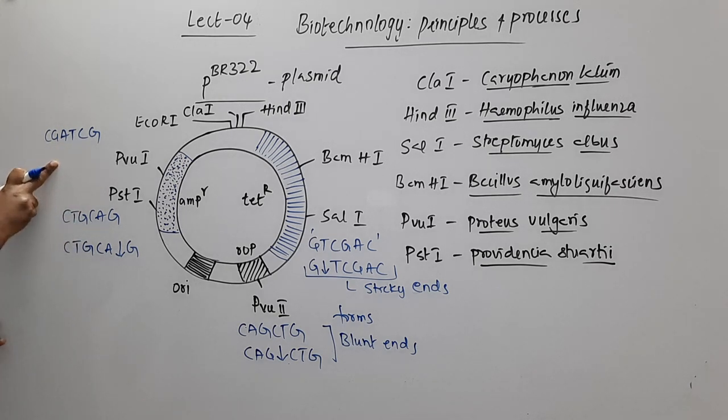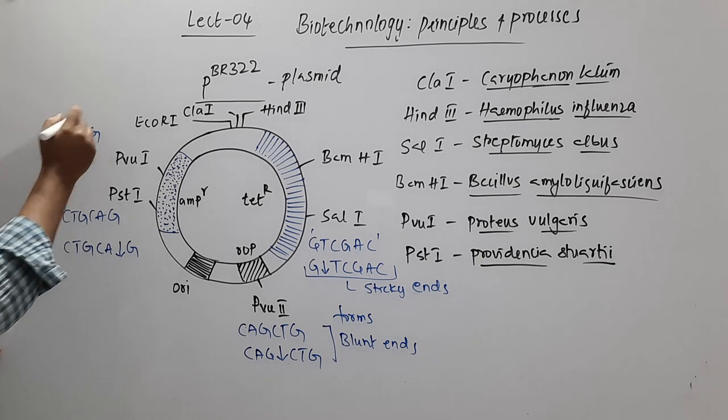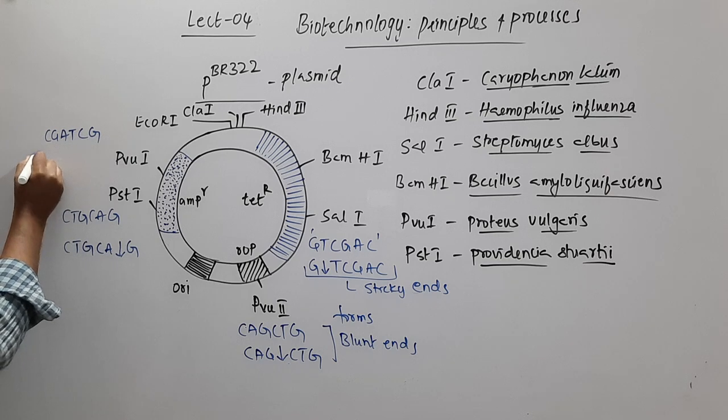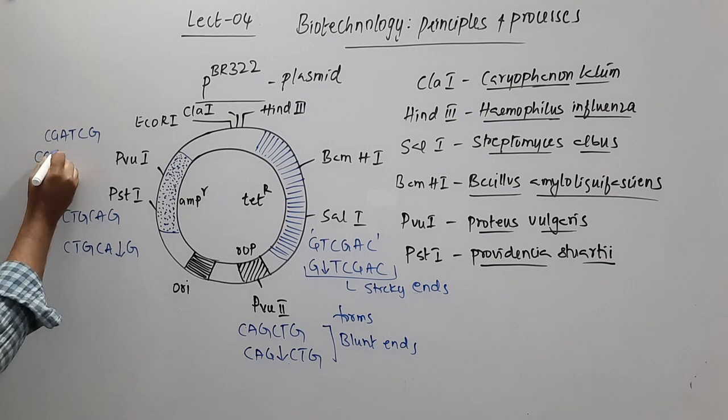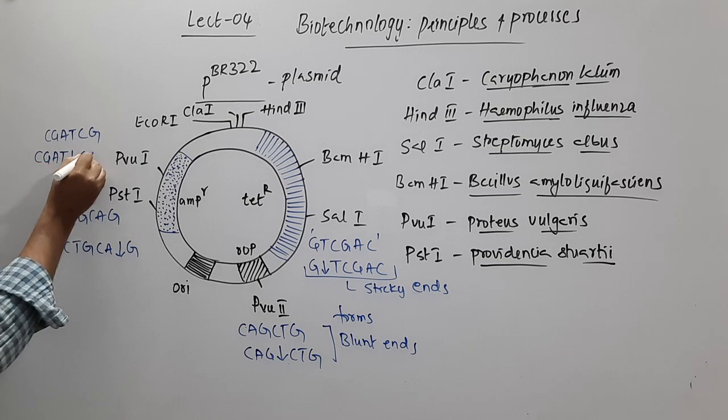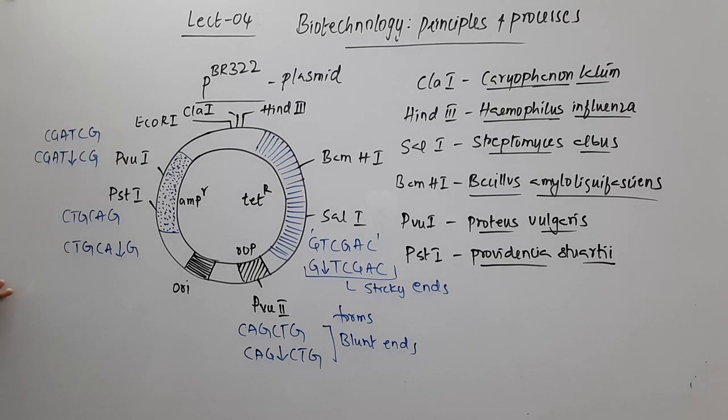In this case, PvuI is going to cut between T and C. So between the T and C it's going to cut, and in this case also it's going to form a sticky end.